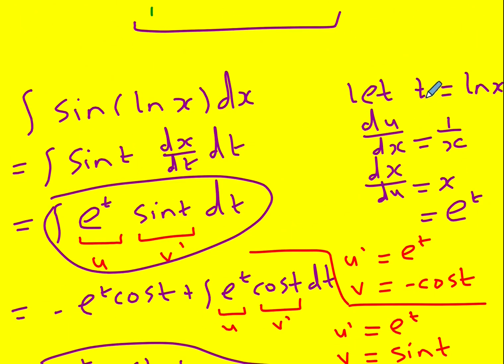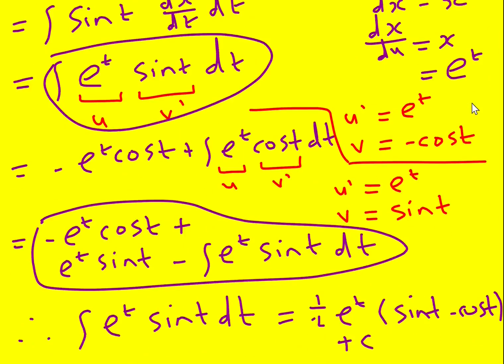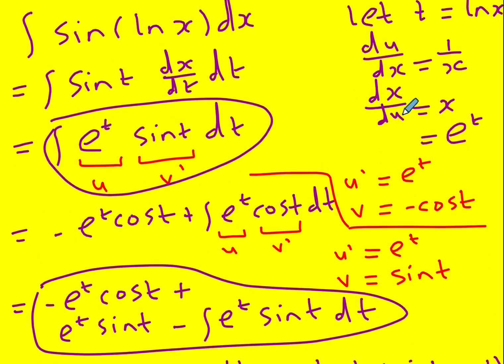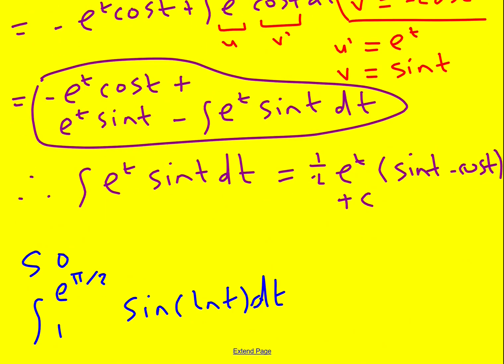Remember, we did this substitution. t was equal to ln x. So when x equals 1, t is going to be ln 1, which is 0.